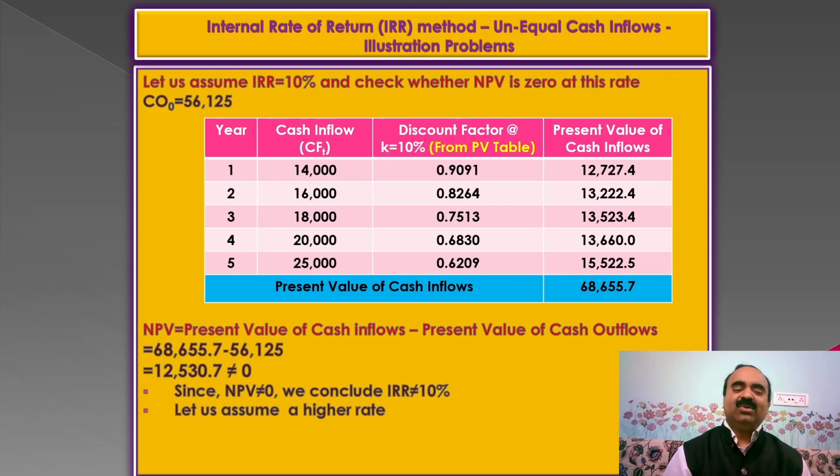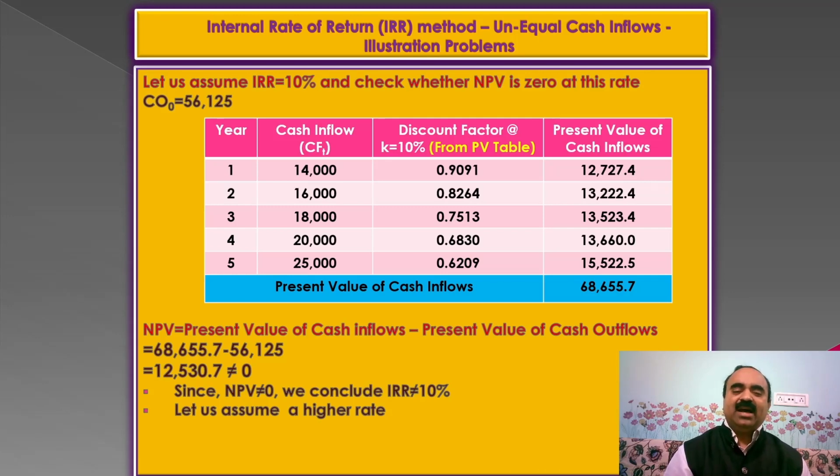That is equal to 68,655.7 minus 56,125. That is equal to 12,530.7, which is not equal to 0. Since NPV is not equal to 0 at assumed IRR of 10%, we conclude IRR is not equal to 10%.